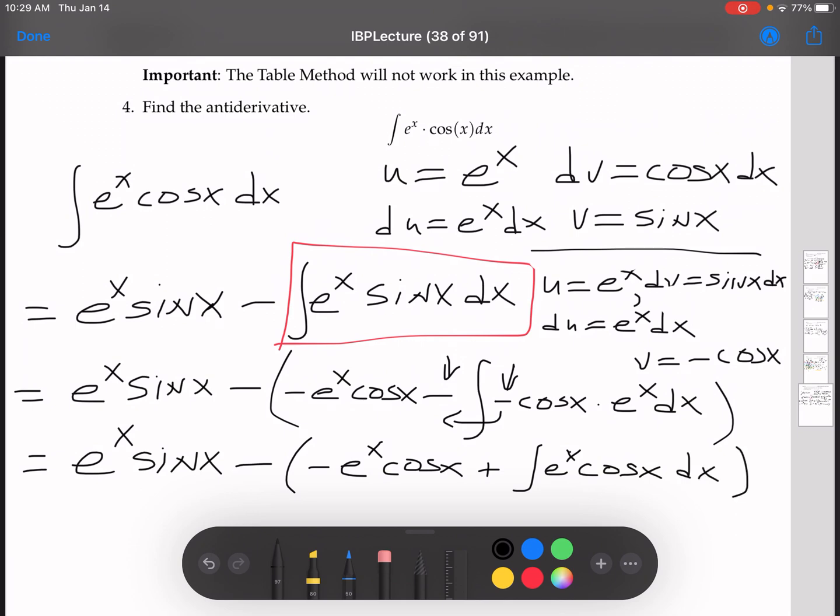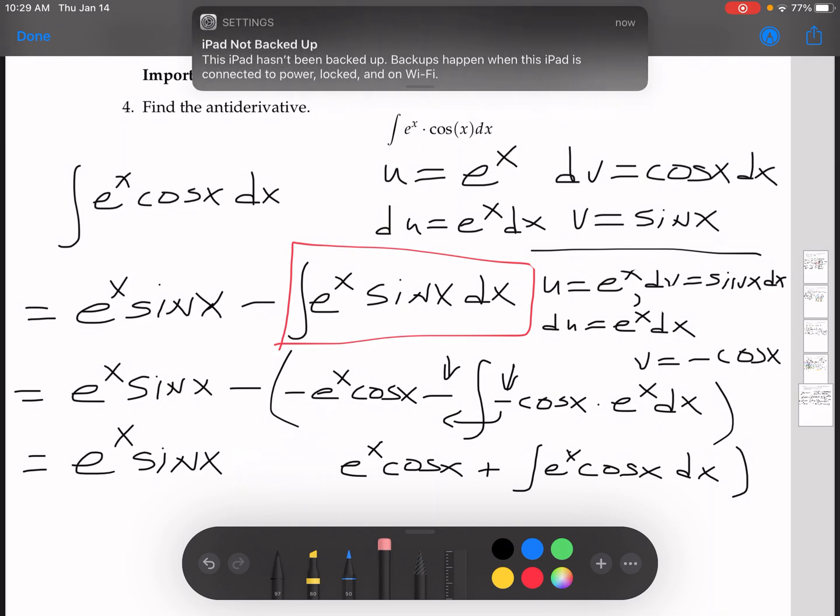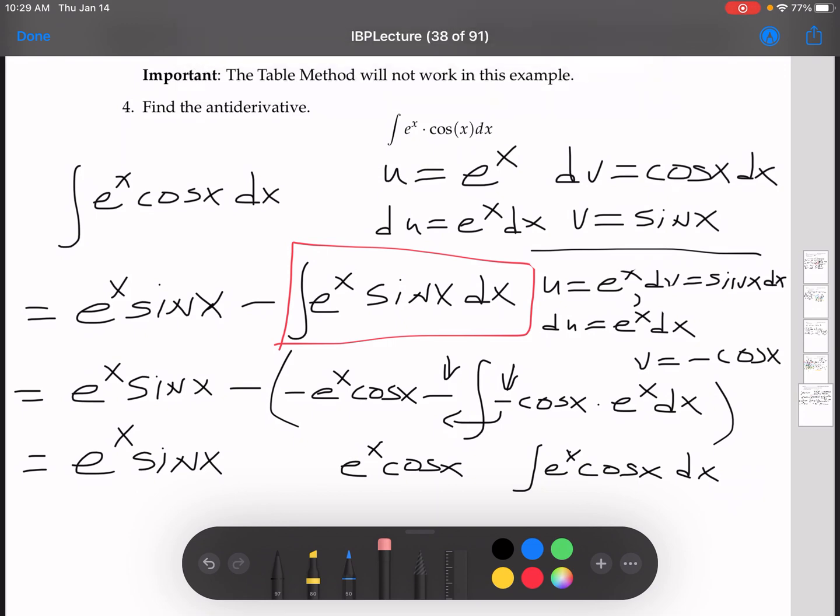And now distributing that negative through, you see what happens here. That becomes positive, and that becomes negative. And so like I said before, you see that is exactly that right there.